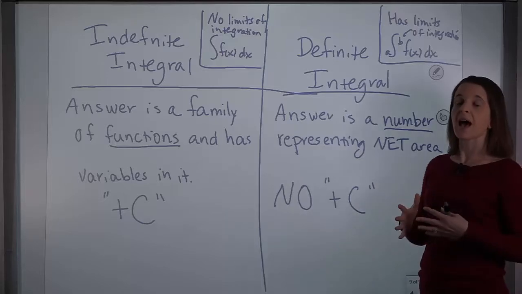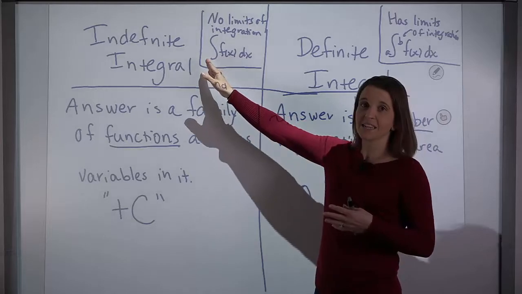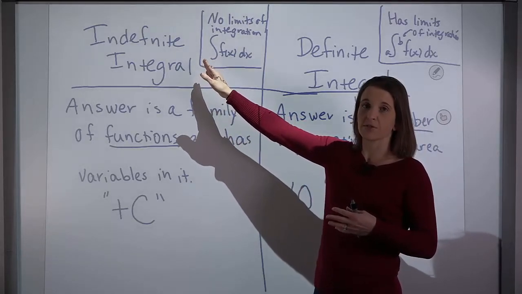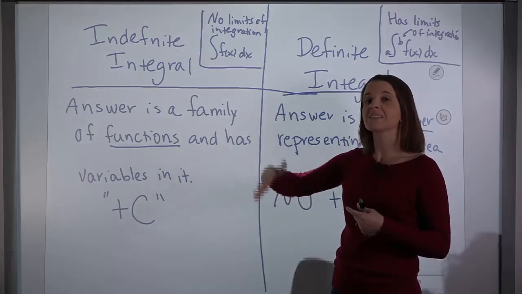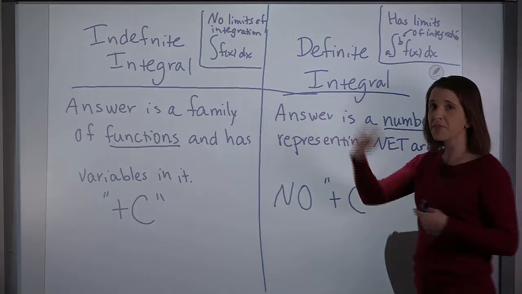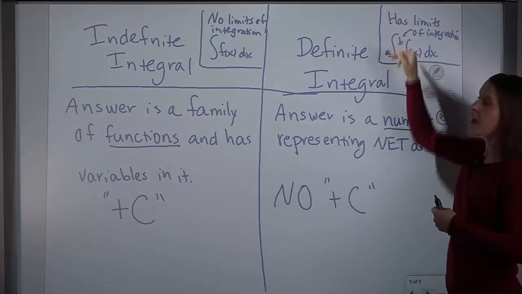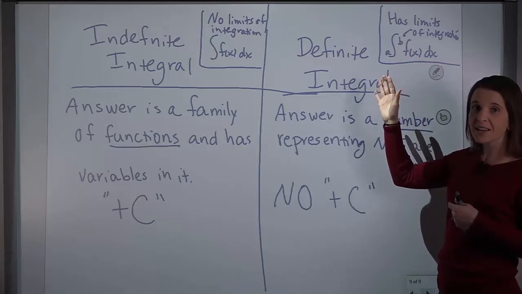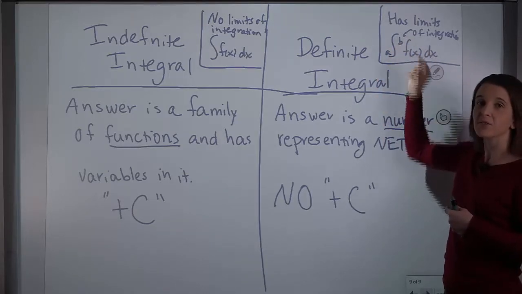So you could have a multi-part question where one of them is an indefinite integral and does not have little numbers on the integral sign, and its answer is that antiderivative function that still has x's and a plus c. And then in part B, the very next part of the same question, you could have it look almost the exact same, still an integral sign, still a function, but have little numbers on it.